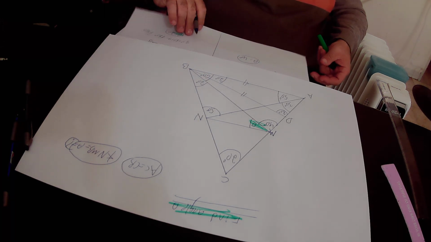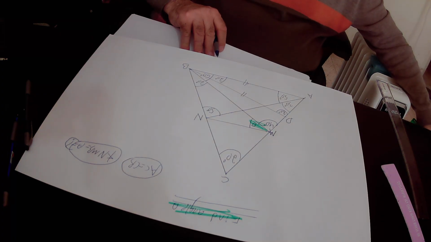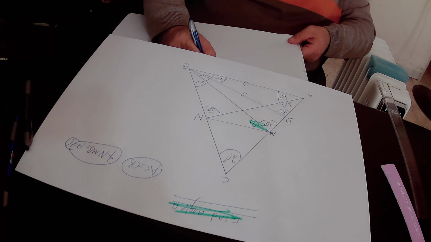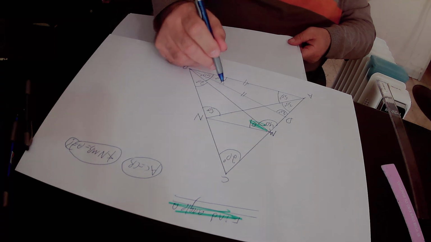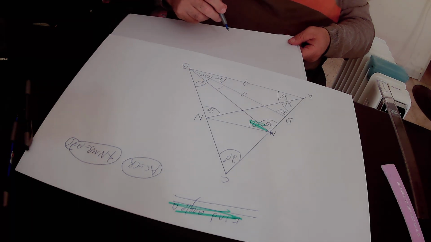So I write it down. Angle DBM, the missing angle. This is the missing angle DBM.